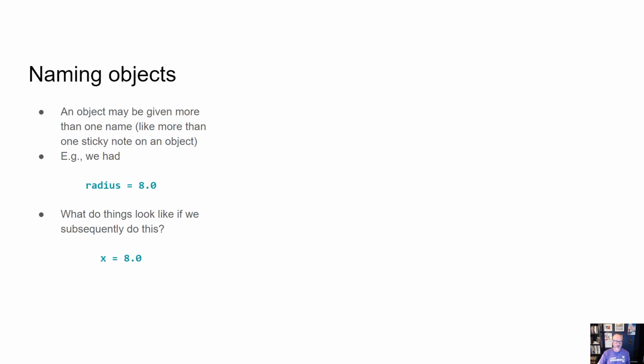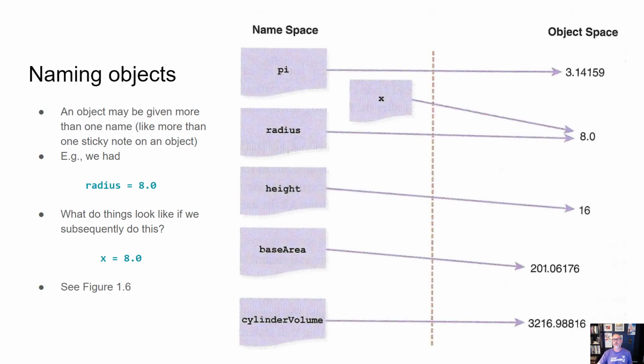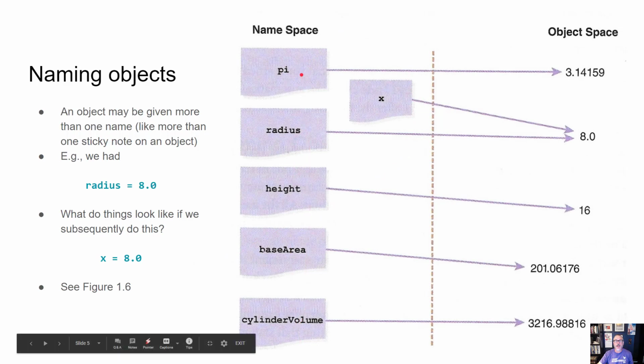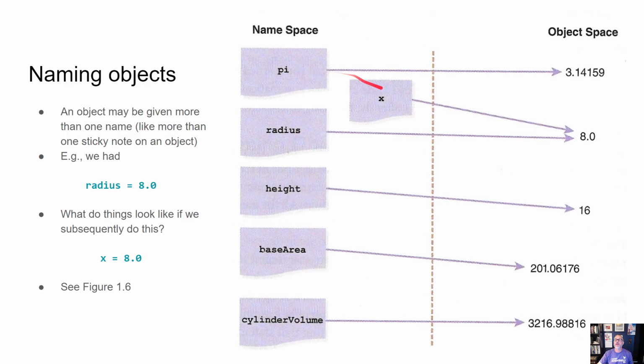Okay, and again, that's an assignment statement. Well, now we would have this situation. We still had all those names that we had previously in our namespace. And then we just had another one that we've introduced, x. But now x and radius both refer to this object right here, this 8.0 object. Okay? All right.